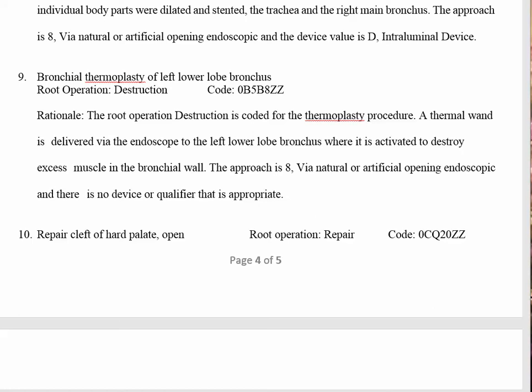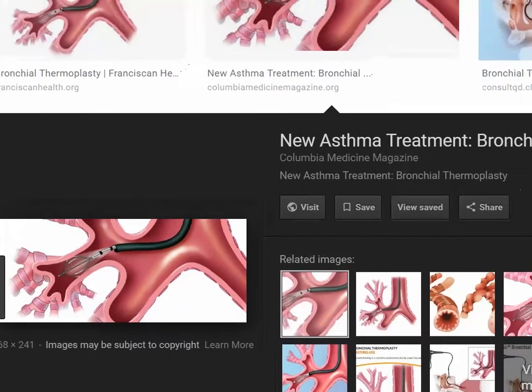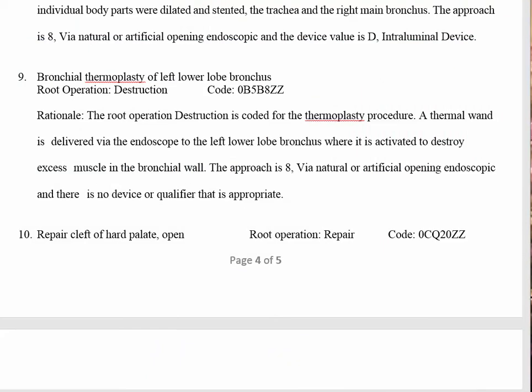We're going to index the main term of destruction, and we have the location, which is the left lower bronchus. We know it was done via endoscope based on the clinical information that we may have researched. I don't know if she talks about it in your textbook.